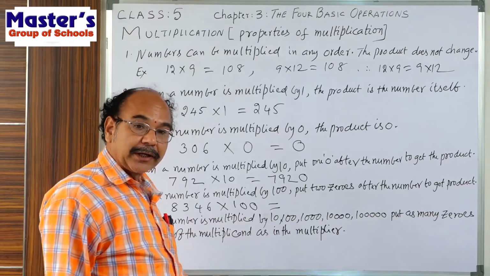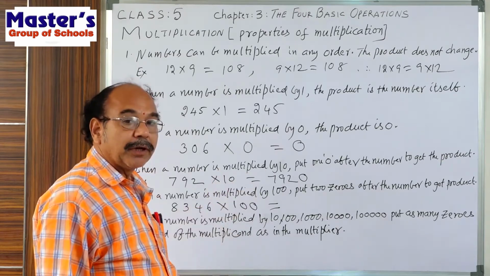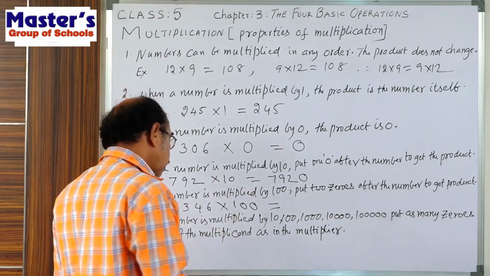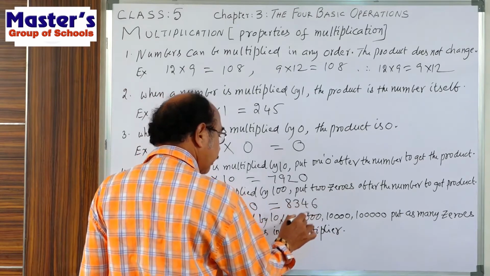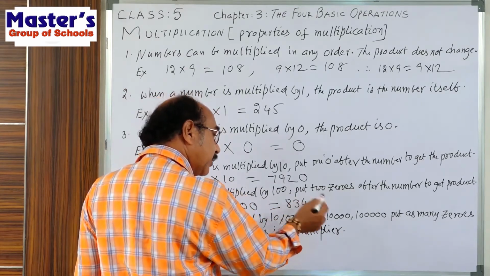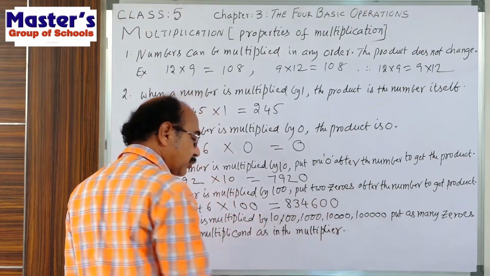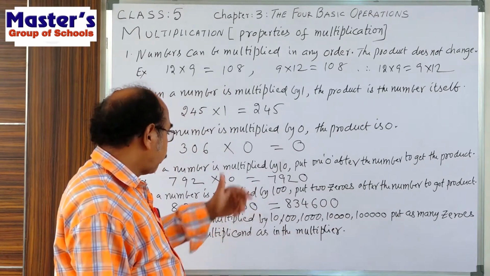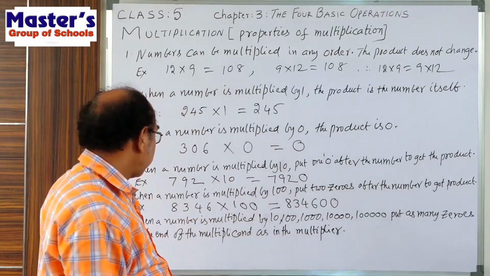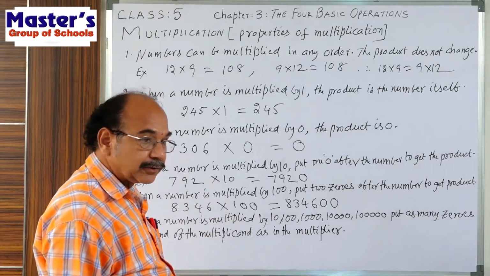So to get the product, simply we keep 2 zeros after the number. Okay, children. So 8, 3, 4, 6. After this number, put 2 zeros. Okay, this is the product. Like this.